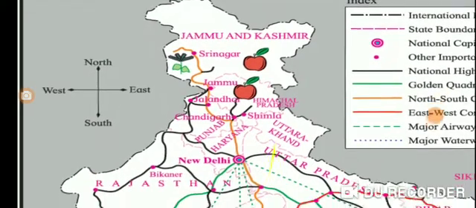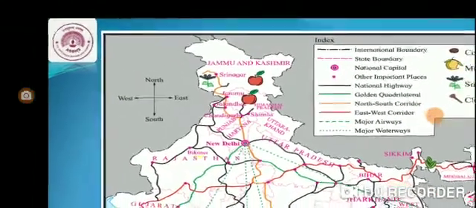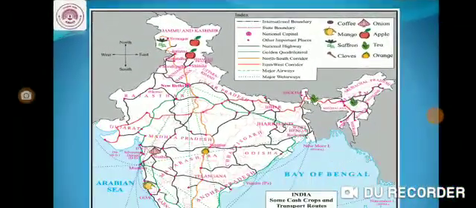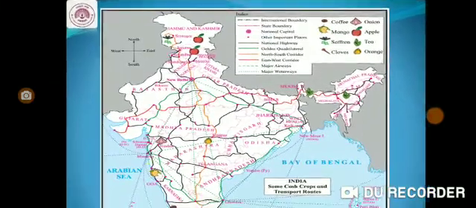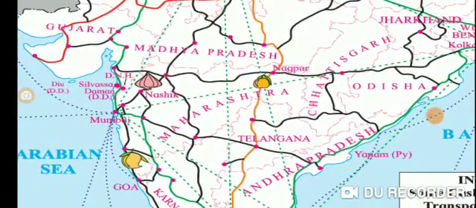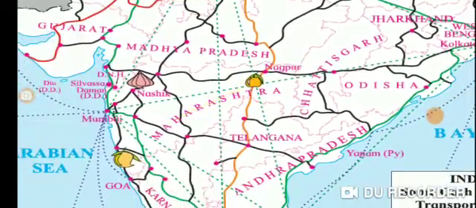So now, again, I'll just zoom out. Now, starting from Jammu and Kashmir, where is Maharashtra? Everyone knows where Maharashtra is. See, Maharashtra is over here. Okay, this is Maharashtra. This area here is Maharashtra.